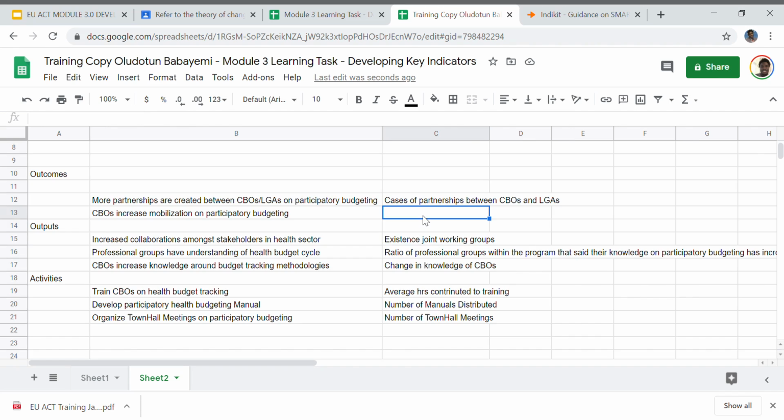Anyways, CBOs increase mobilization on participatory budgeting, right? What can we use to measure that? On participatory budgeting.